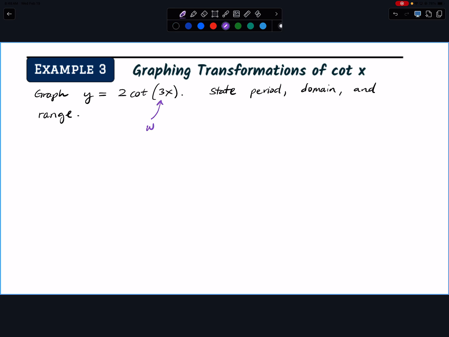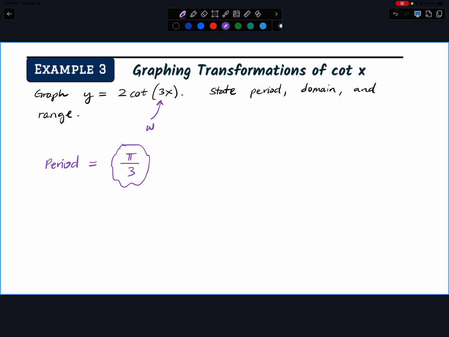So this is our omega. So the period, okay, the formula for period is the regular period for the function divided by omega. What's the period normally for cotangent? Pi. So it's going to be pi divided by 3 in this case.